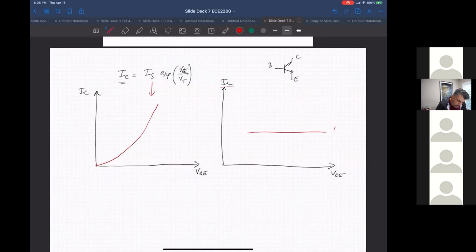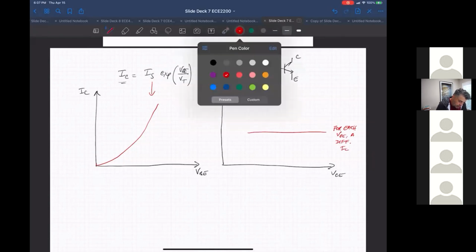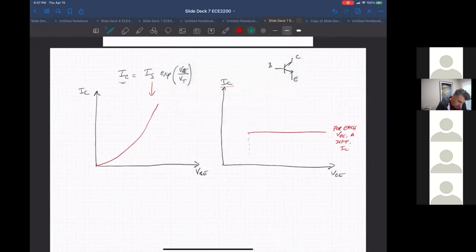And then for each VBE, we'll have a different I sub c. As long as we stay in forward active mode, so don't go below a certain value or things will go bad, we said to first order I sub c isn't going to change.